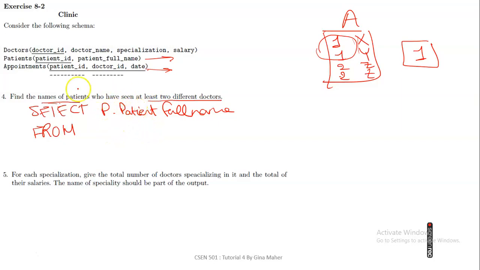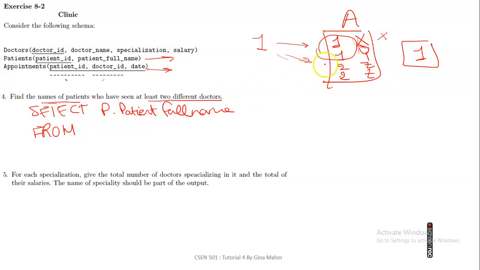Okay, we want to check that this patient has done 2 different appointments with 2 different doctors. So we want to check that this patient, patient 1, has an appointment with X, for example, and another appointment where the doctor ID is not X.